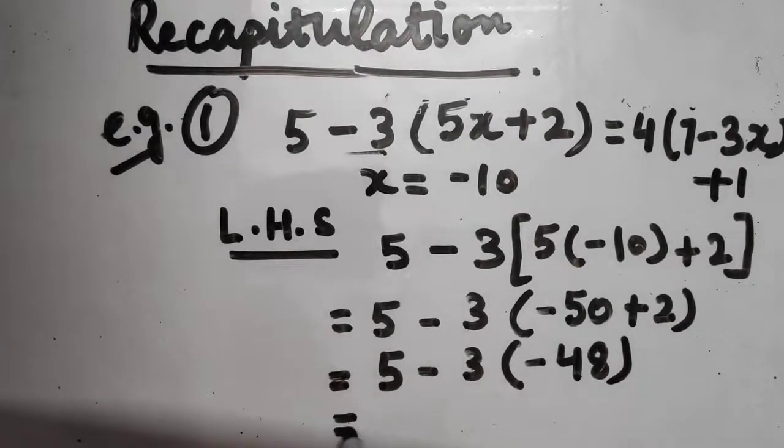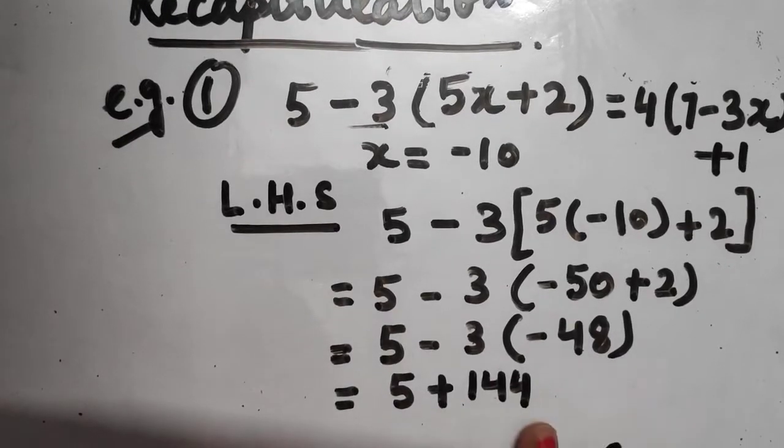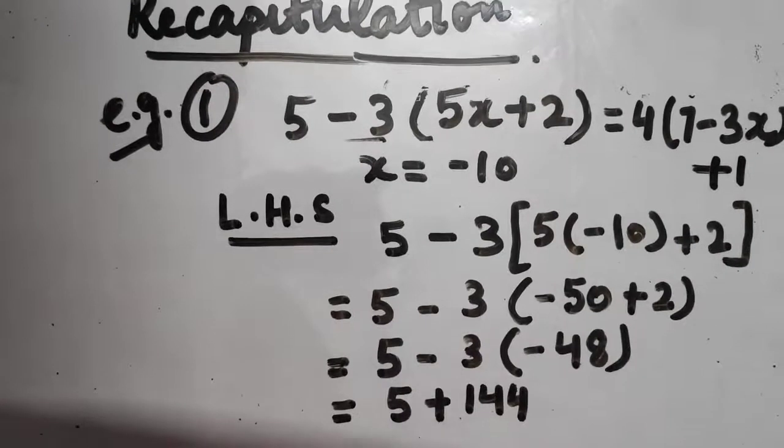Now further it will be equal to 5 minus minus, that is plus 3 into 48, which is 144, and 5 plus 144 will be equal to 149. So the left hand side is equal to 149.